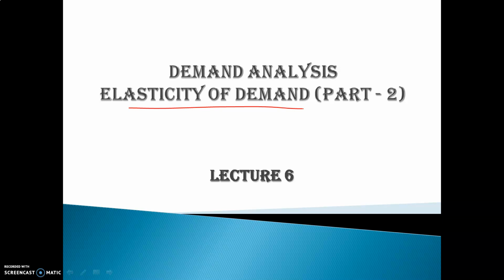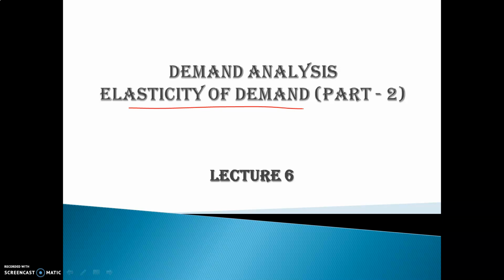Alright, so to measure the effect of change in the factors of demand on quantity demanded, he tried to quantify it. He tried to measure it in terms of numbers, and therefore he introduced the concept of elasticity of demand. Alright, so this is all about elasticity of demand.